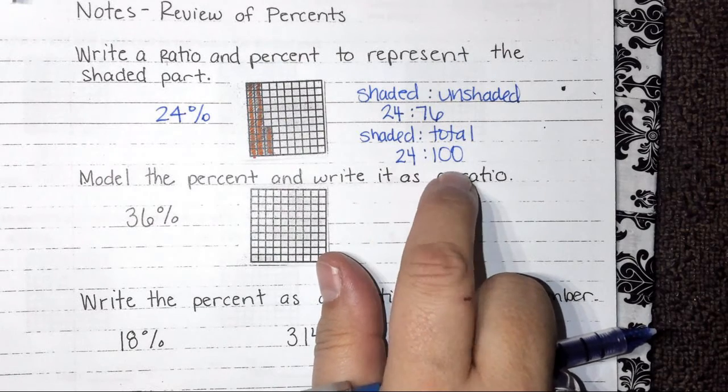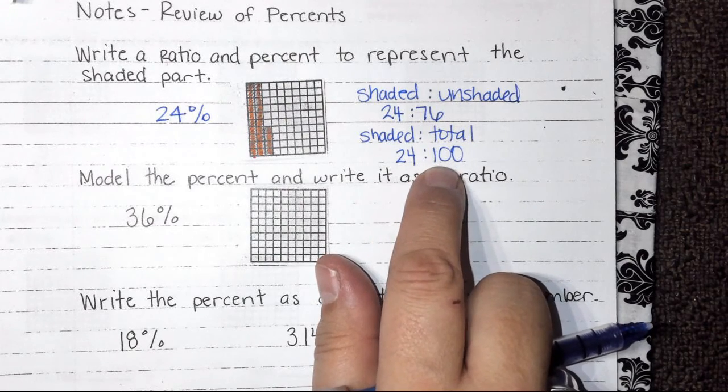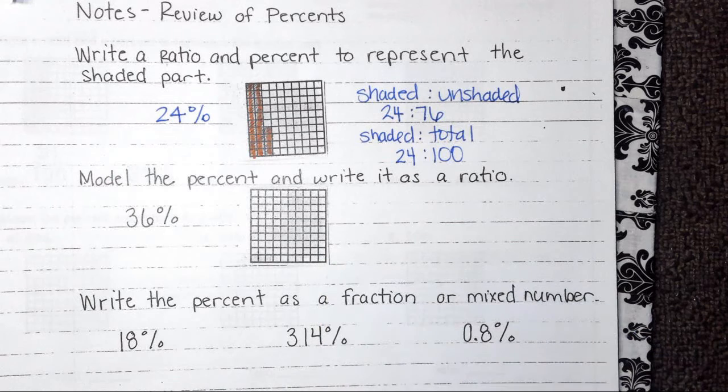So your ratio of 24 out of 100 is the same as 24%. So really, we could say a percentage is a ratio out of 100. It's a fraction out of 100.